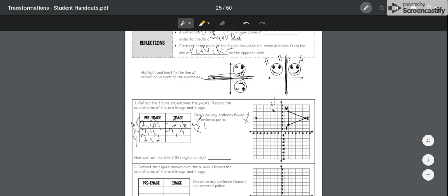And then for Y prime, we're going to go over 2. So we're going to go back this way 2 and then go on the same row. So it's right here, and that would be your Y prime. And then we need to connect the dots. Mine is hard to draw on here, of course, so hopefully yours is better.